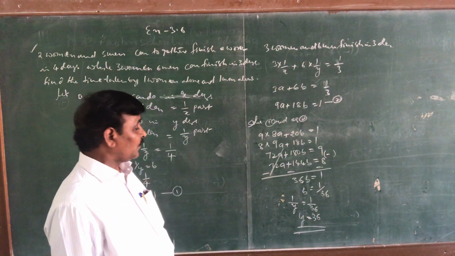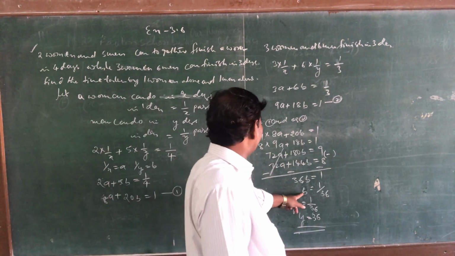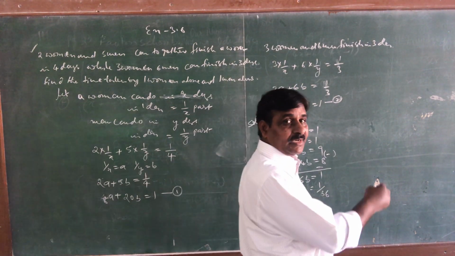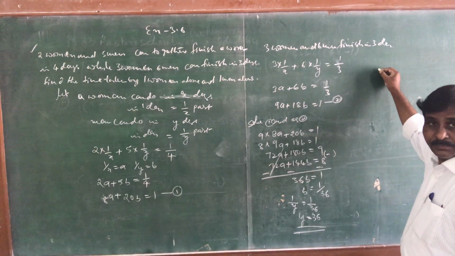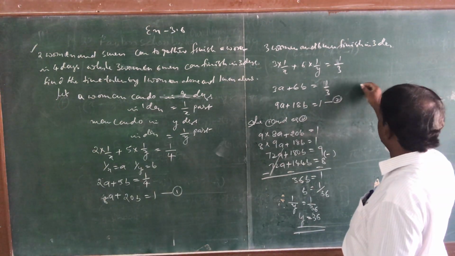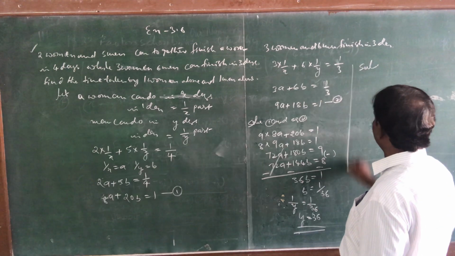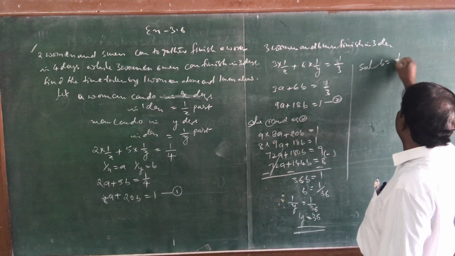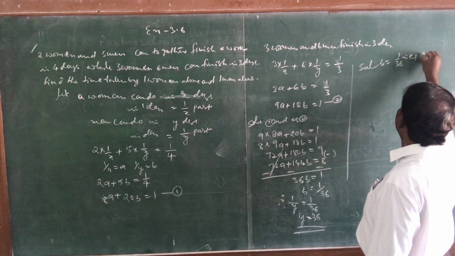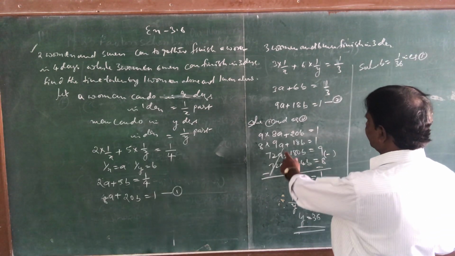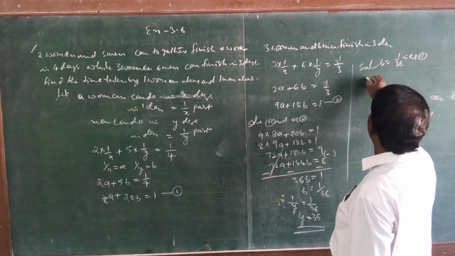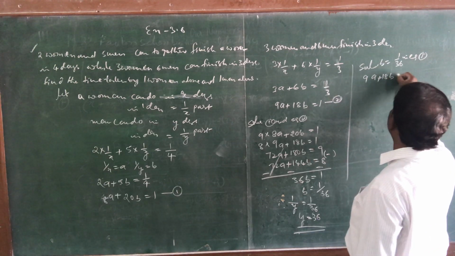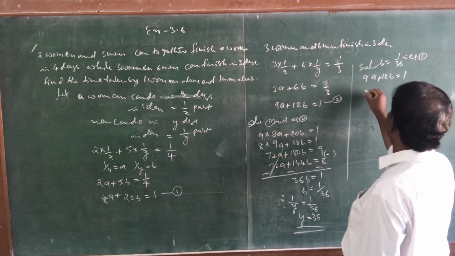Next, we have to use this B value to find the A value by substituting in the equation. Substitute B is equal to 1 by 36 in the equation 9A plus 18B is equal to 1.